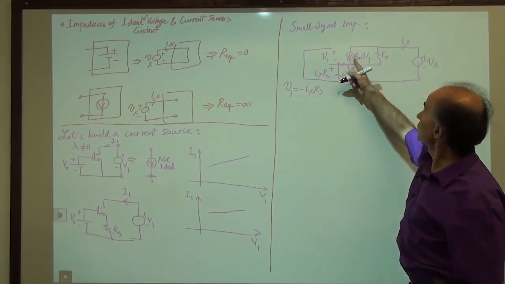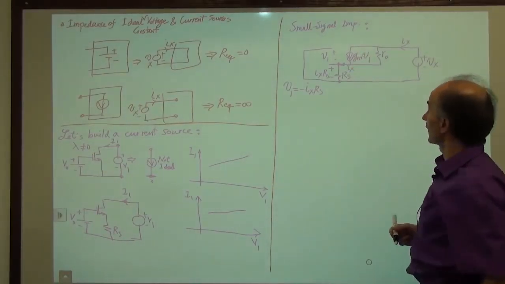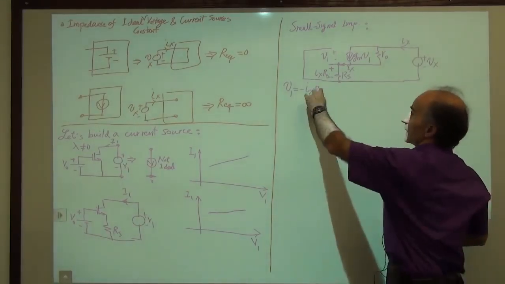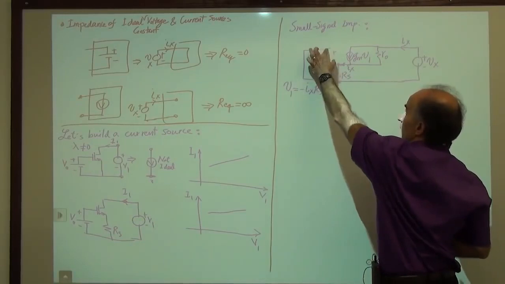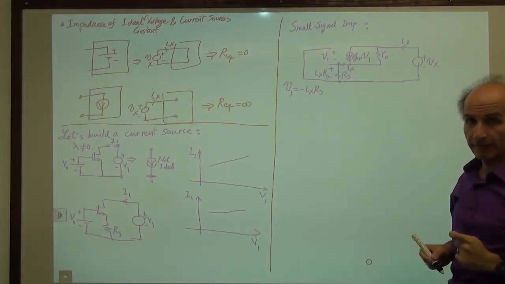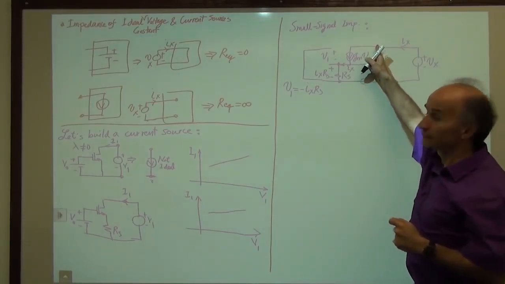And this gm V1 now is known. It's gm times this value. So we know that. All right, so this really is a KVL around this loop, right? One voltage and another voltage, and they have to all add up to 0. That's the KVL.